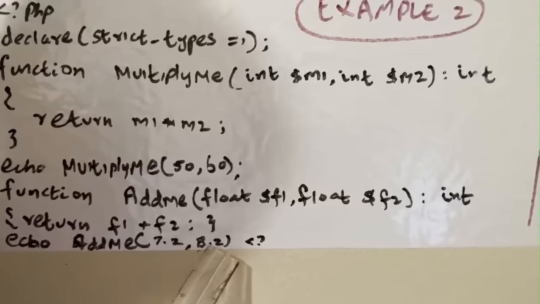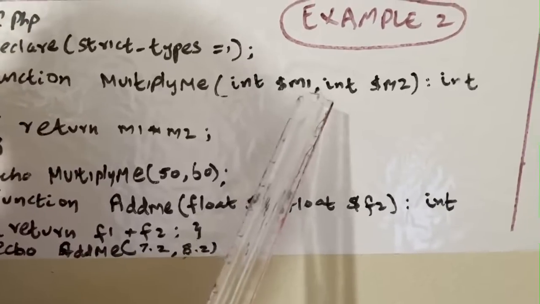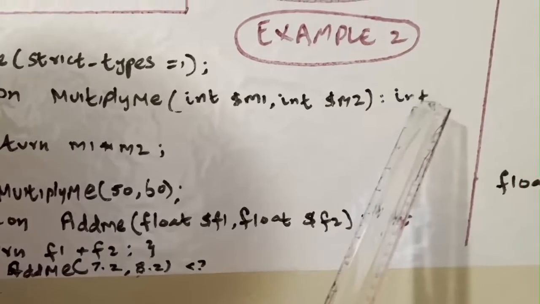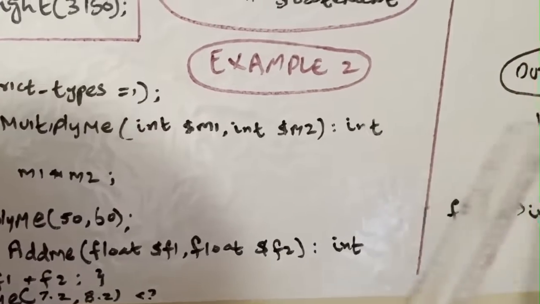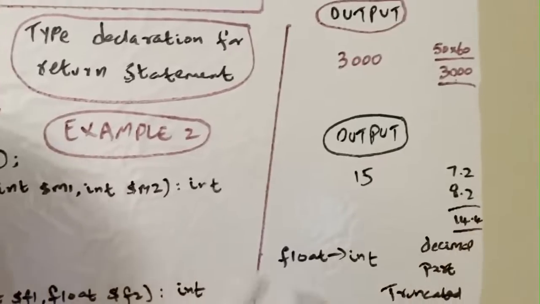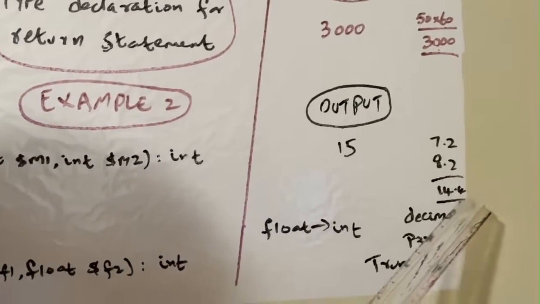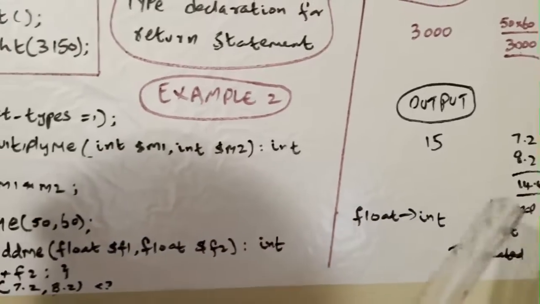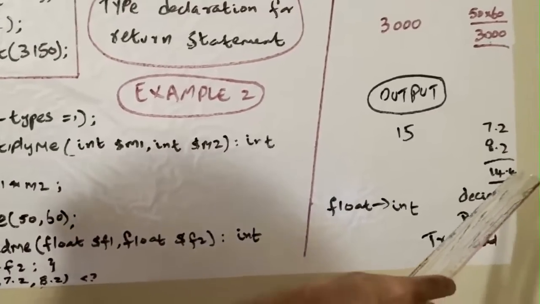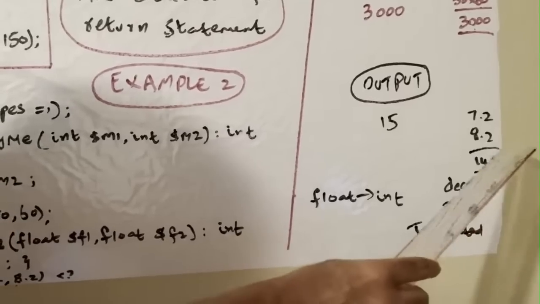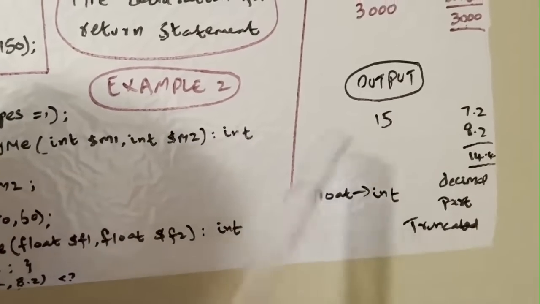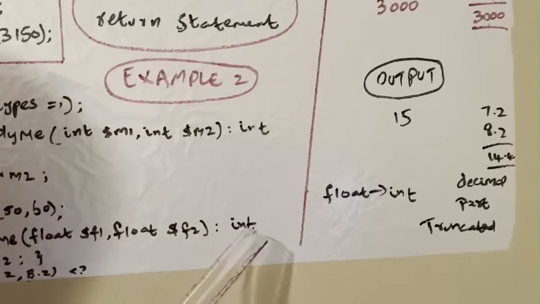7.2, 8.2. When it goes here, it sees the parameters are float and the return is integer. So what happens? 7.2 plus 8.2, 15.4 should be displayed, right? But it displays 15. It truncates the decimal part because we are saying the output we want is integer.